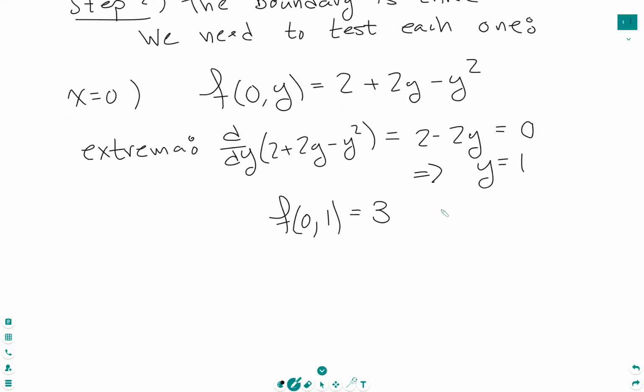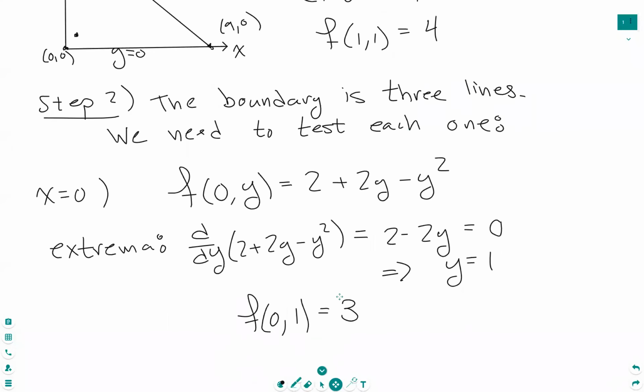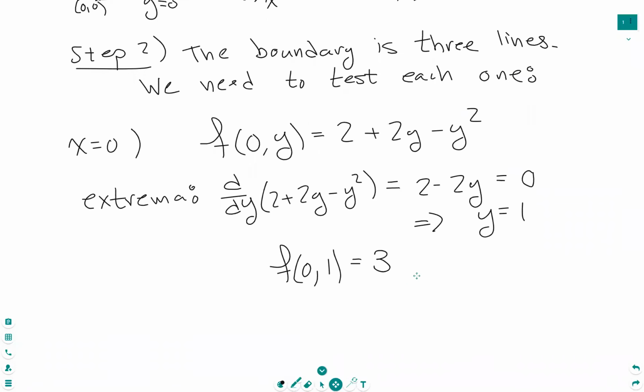There we go. So we only have 2 points right now: (1, 1) and (0, 1). Right now our candidates are, this looks like the max and this looks like the min, but we're not done yet. We have to keep compiling the list of all these points.